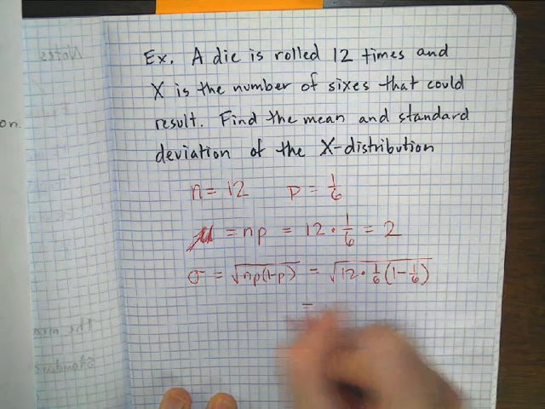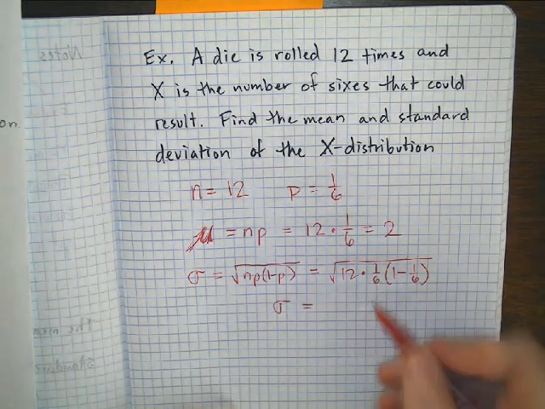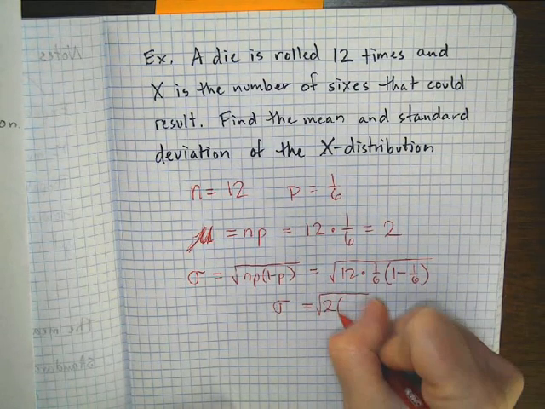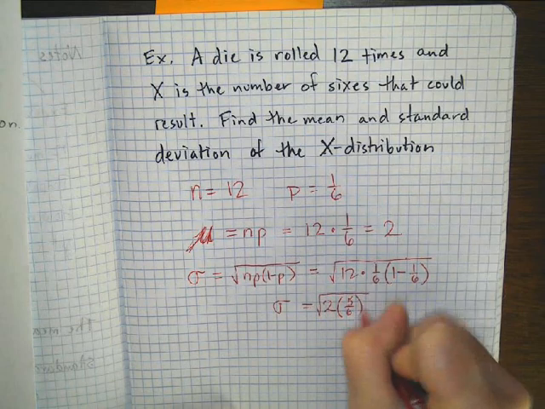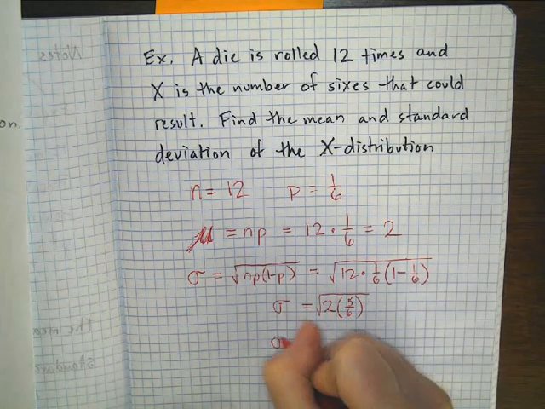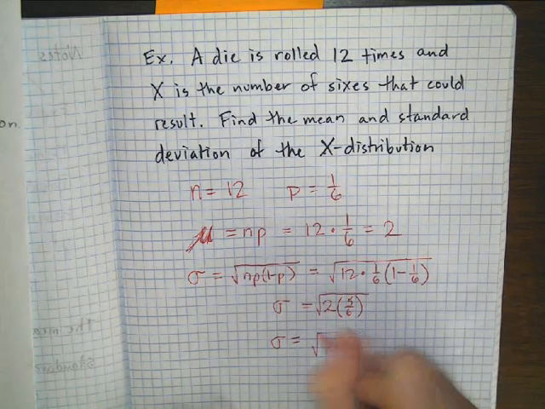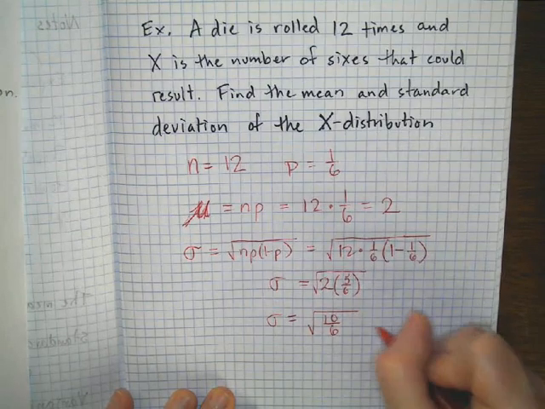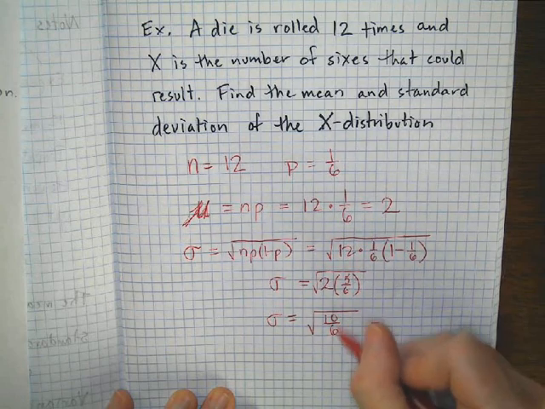So standard deviation is equal to the square root of 12 times 1/6. We already said that was 2. 1 minus 1/6, well, that would be 5/6. Simplify that. We get the square root of 10 over 6. And I can reduce that. I can divide both the 10 and the 6 by 2.